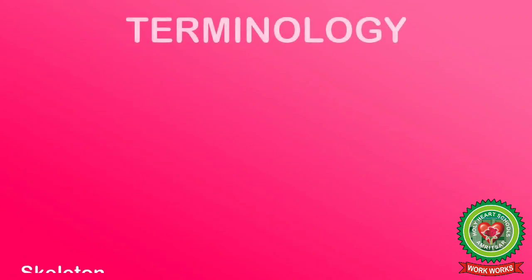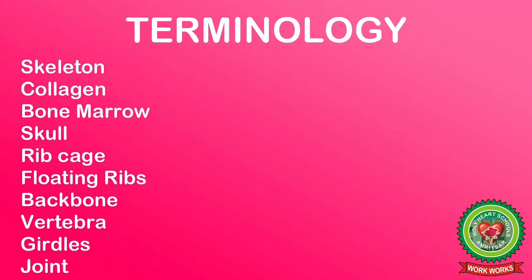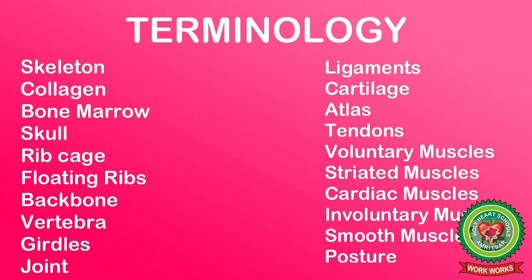Students, terminology of this chapter is skeleton, collagen, bone marrow, skull, rib cage, floating ribs, backbone, vertebrae, girdles, joint, ligaments, cartilage, atlas, tendons, voluntary muscles, striated muscles, cardiac muscles, involuntary muscles, smooth muscles and posture.